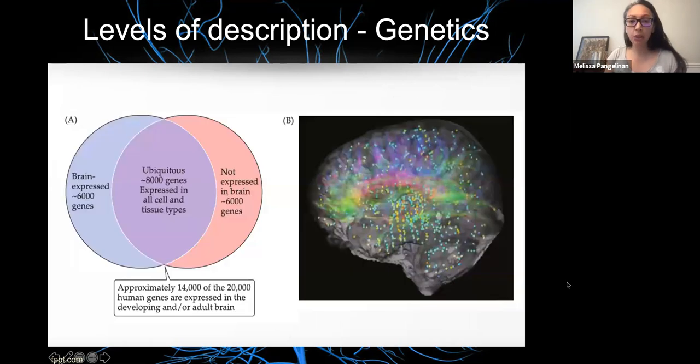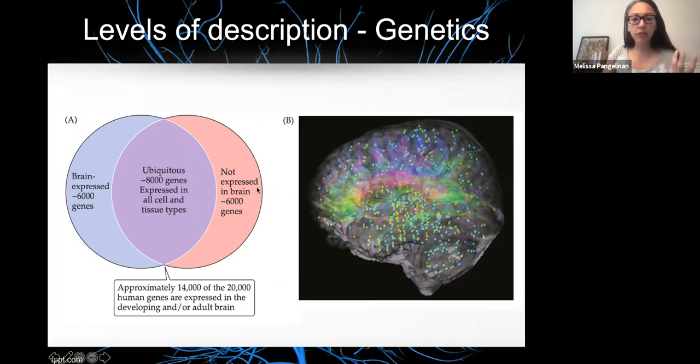One thing that I think is really cool in terms of genetics is that there are a lot of genes that are expressed ubiquitously, across all different types of cells and tissue types. So we see genes that are important for growth, hypertrophy, hyperplasia, cell maturation, those types of things that are expressed across all tissue.